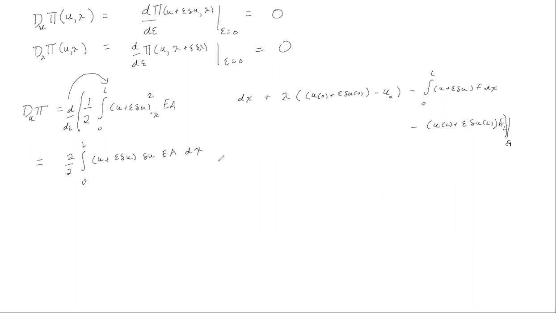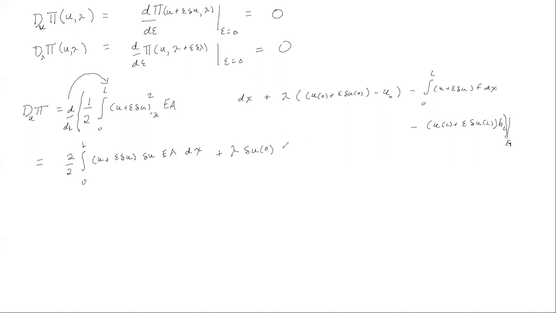Okay, so let's keep going. Plus lambda. The only thing that depends on epsilon is this delta u at 0, not u naught.